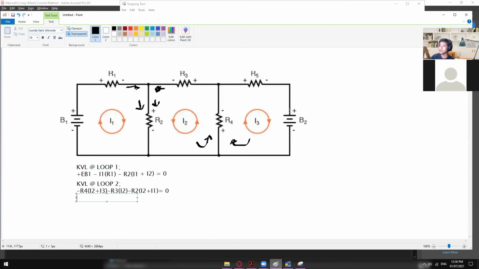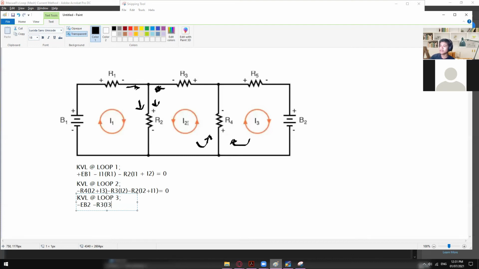This one is flowing from this one, go positive, negative, positive, negative, positive, negative. Again, I'll start with this one right here, KVL at loop 3. And right here, I will still consider the outer sign. So we have negative, still the outer sign, so it's negative I3 times, or R3 rather, times I3.